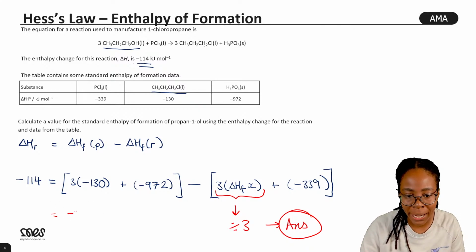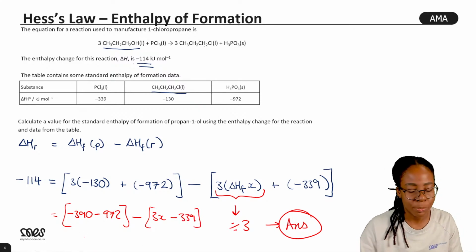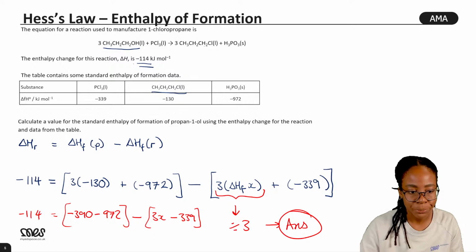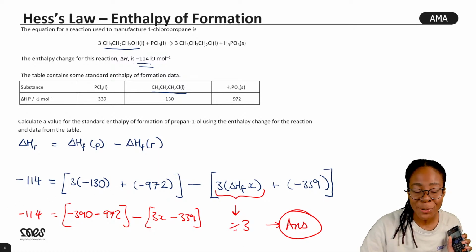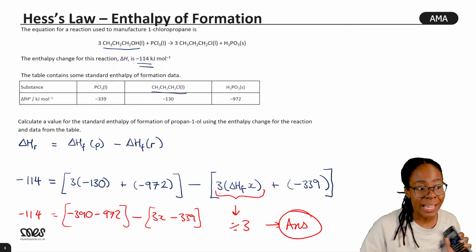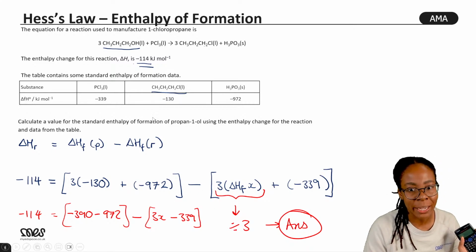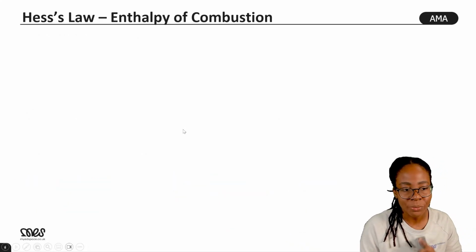I'd go, okay, so minus 390 minus 972 minus 3x minus 339, and then I'd start moving numbers around. As long as we know the process, let's move on to our next example, otherwise we won't have time to do more than a couple of questions.